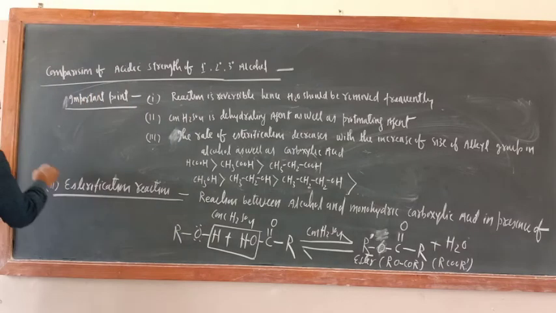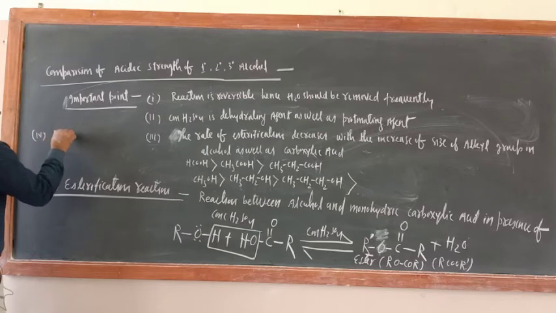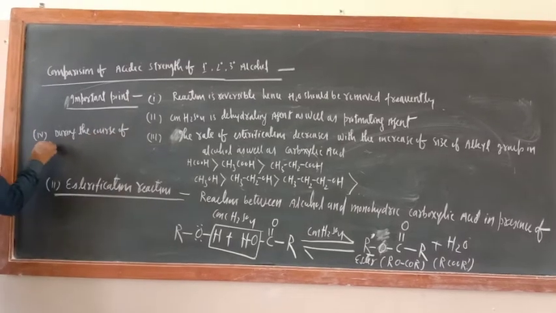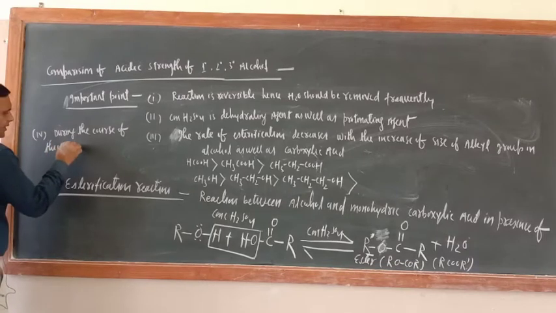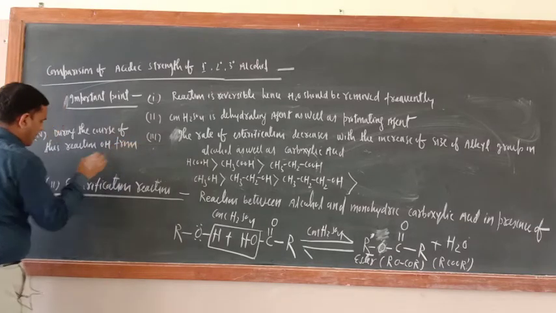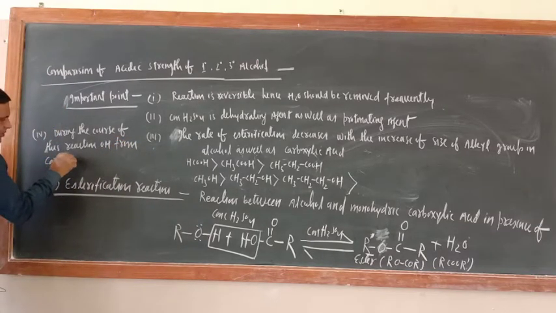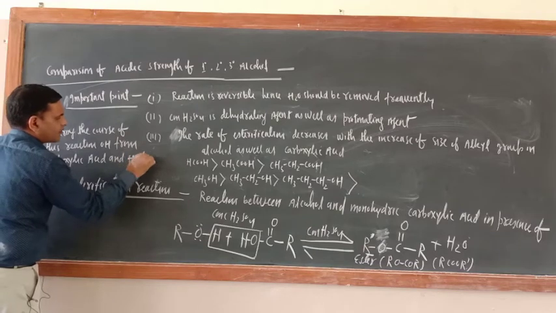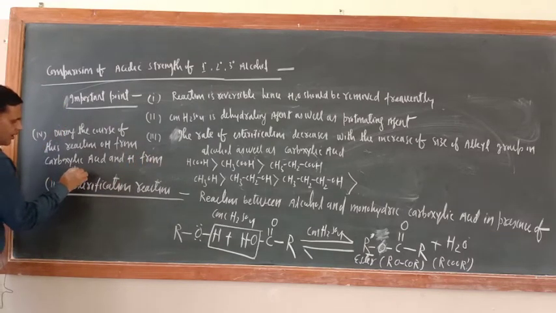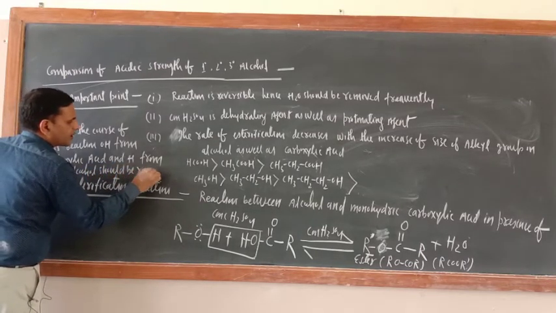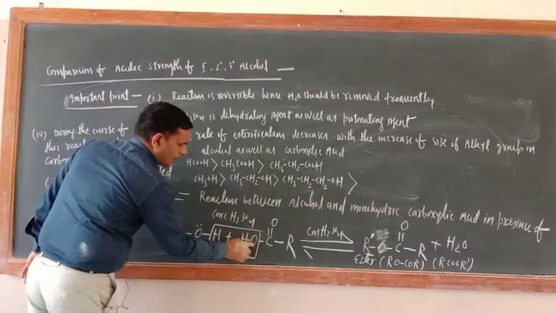And the fourth important thing is, during the course of this reaction, OH from carboxylic acid and H from alcohol should be removed, and this means the OH is from the carboxylic acid only.